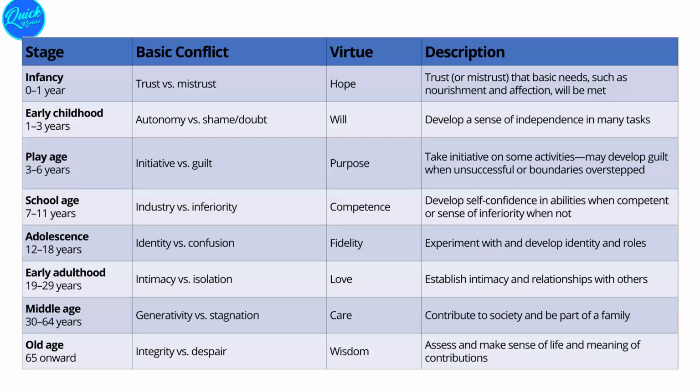And then we have the second last, that is middle age, that is 30 to 64 years. Here the basic conflict is generativity versus stagnation, and the virtue is care. Generativity means now an individual is married, okay, has a child. So with that child, he wants to generate something for the society, okay, a good human being, a well mannered person, a child maybe. So he's giving something to the world, that is generativity.